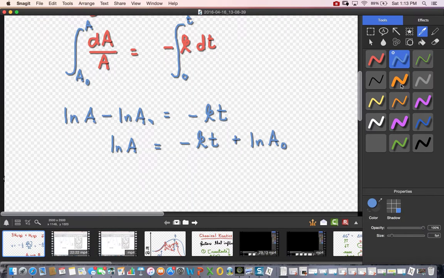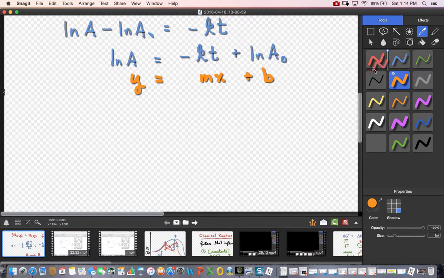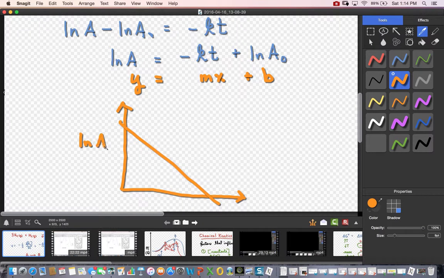That is in the form y equals mx plus b. Meaning that if I were to graph a first order process, we'll have more to say about this later, and I graph the natural log of the concentration as a function of time, I will get a straight line with a constant negative slope.